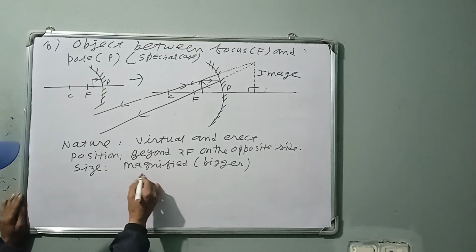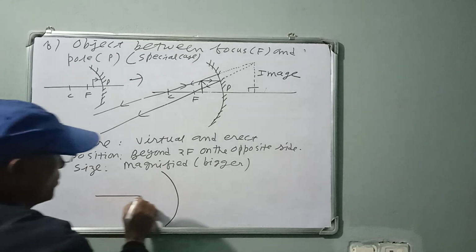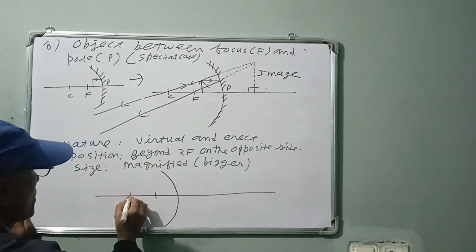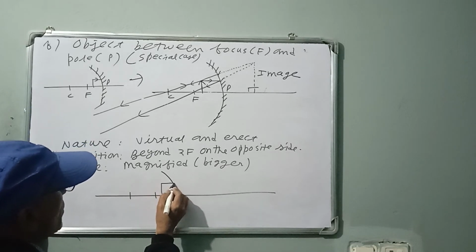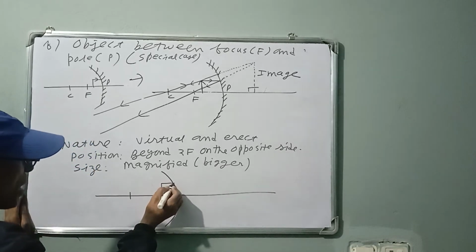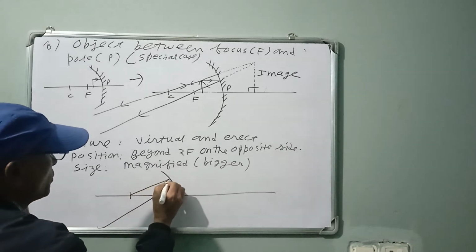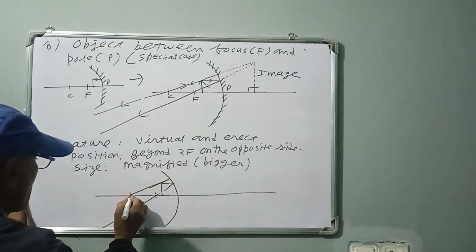Drawing technique again. See, concave mirror, principal axis, focus, center, object here. A parallel ray passes through the focus. Another ray, join these two. You have to use a pencil and compass properly.